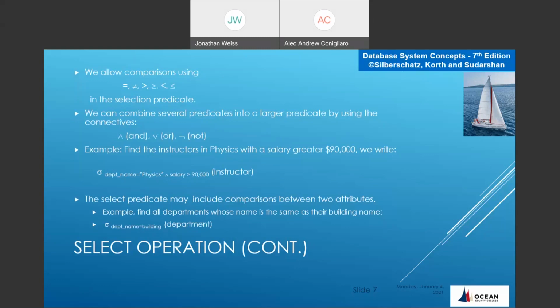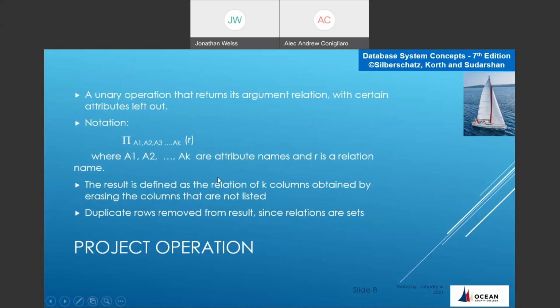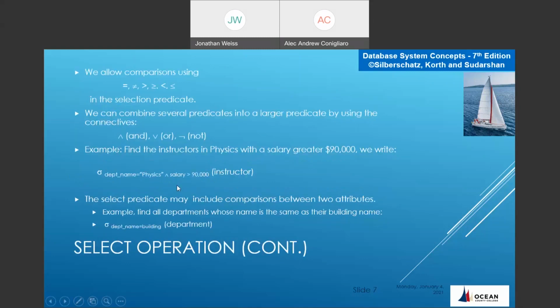So in this particular case, we are selecting from the instructor relation where the department name equals physics and the salary is greater than 90,000. So in this case, we're putting together a complex predicate that is one condition and a second condition. Does that make sense? Any questions on that?